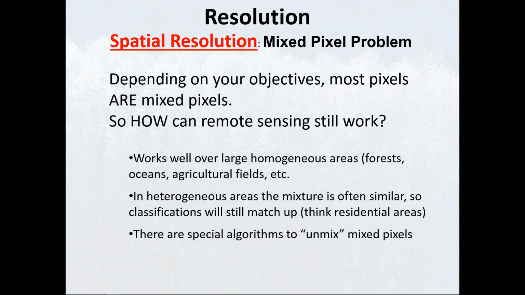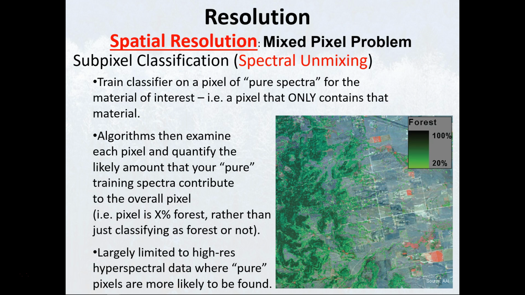And there are also some special algorithms out there that can actually unmix mixed pixels, or classify at a subpixel level. One example being this particularly near and dear to my heart algorithm called Spectral Unmixing.